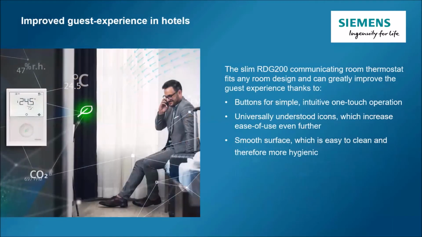And last but not least, as an example, a hotel, where the user has about 10 seconds to understand how a thermostat works, and as a user, a guest myself sometimes, I don't really want to spend more time. We have developed this screen that allows the user to have on-off buttons, just to turn the thermostat on and off, or just reduce or increase the fan speed.